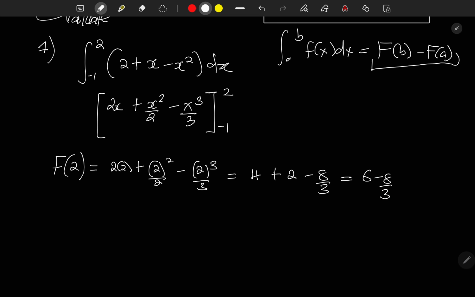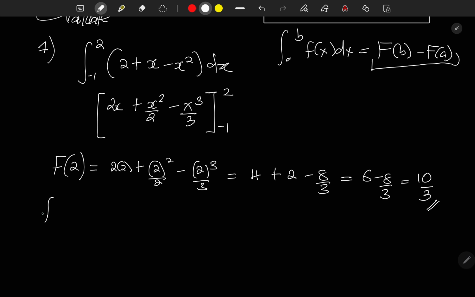By the way, this is paper 2, so feel free to use a calculator. This gives me 10 over 3, exactly, because 18 minus 8 gives 10 over 3. So you leave it like that.